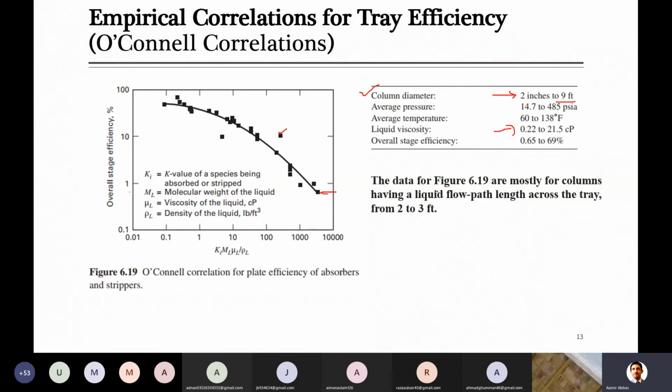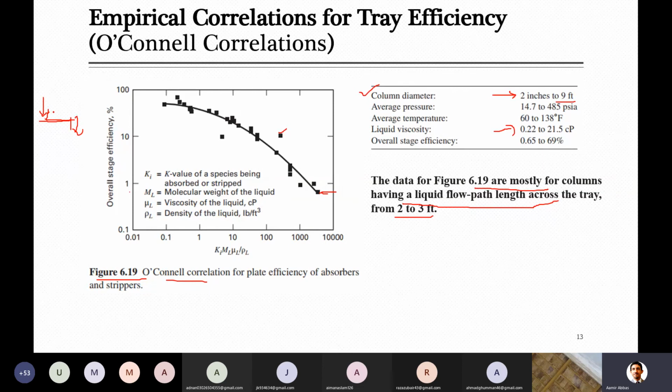But this also has some limitations. What are those limitations? This figure, developed by these scientists, gives better results when the liquid flow path across the tray is 2 to 3 feet. What does this mean? For example, from the top tray, liquid falls to the tray below through the downcomer, and then this liquid starts flowing on the surface of the tray until it reaches the weir and goes to the next tray.